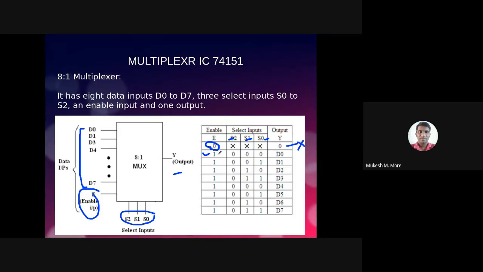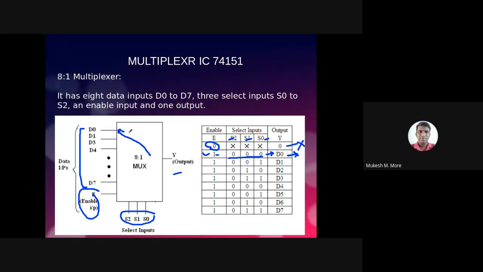Now when the enable input is equal to 1, S0, S1, S2, the first value of the select lines, is 0, 0, 0. It will select D0. Whatever input D0 has will be transferred to the output Y. So when S0, S1 and S2 are 0, 0, 0, it will select D0 as output, because we have a dialer here.